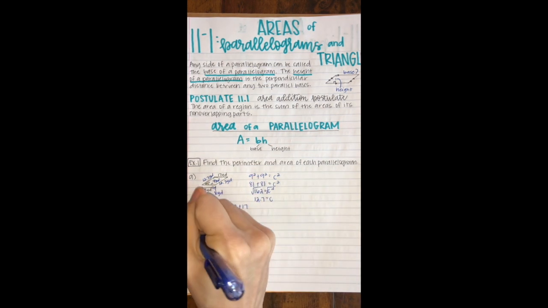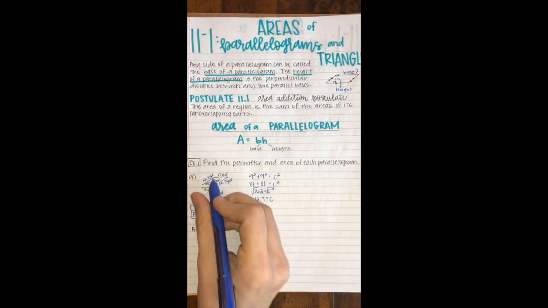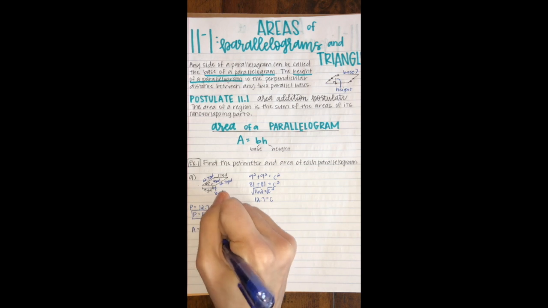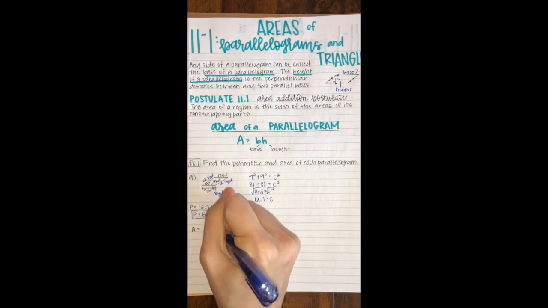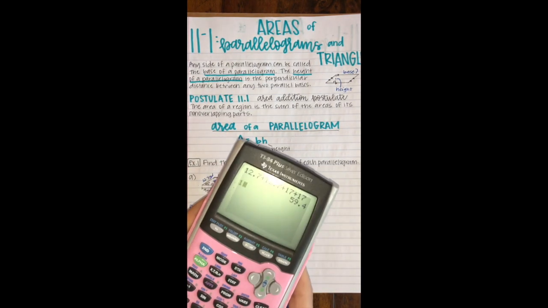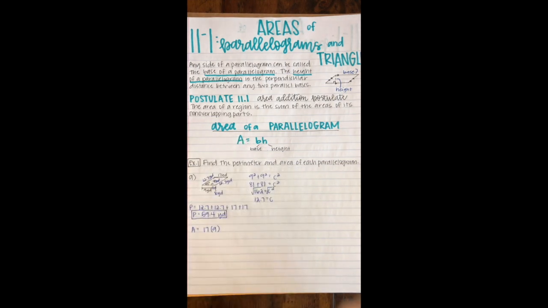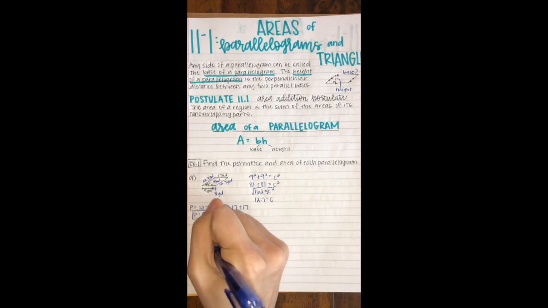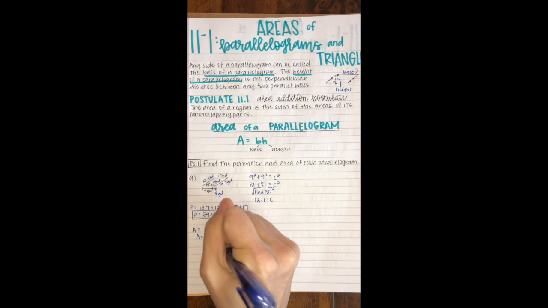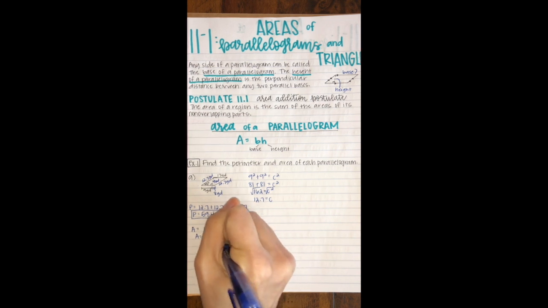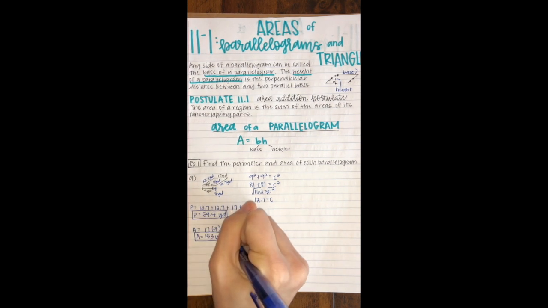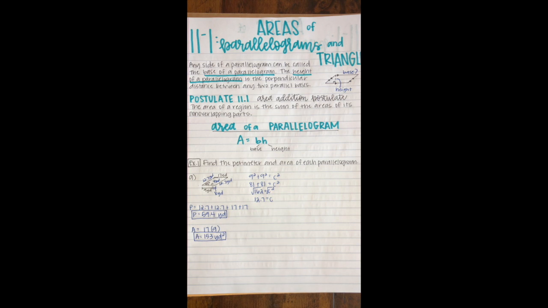And then for the area, we do base times height. Well, the base is the 17 times the height is 9. So we do 17 times 9, and we get 153. So the area is 153 yards squared. So perimeter is going to have just yards for its unit, and area will have yards squared.